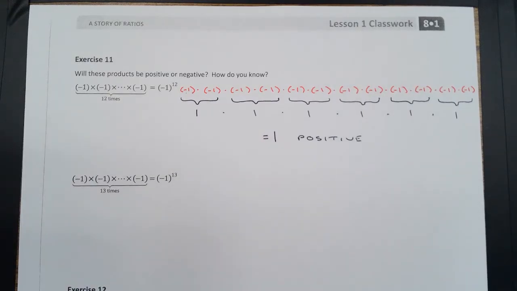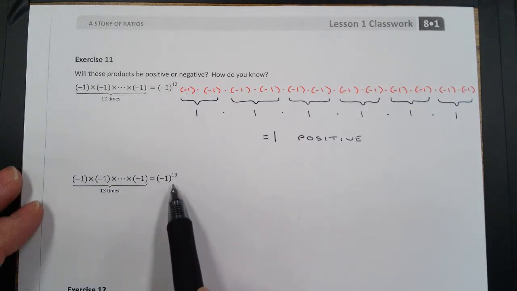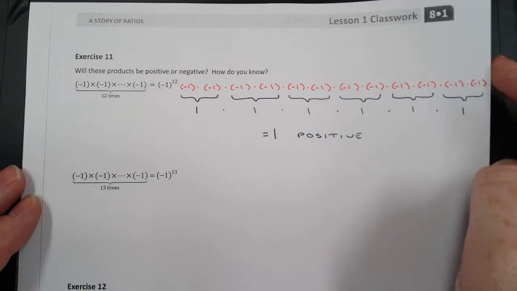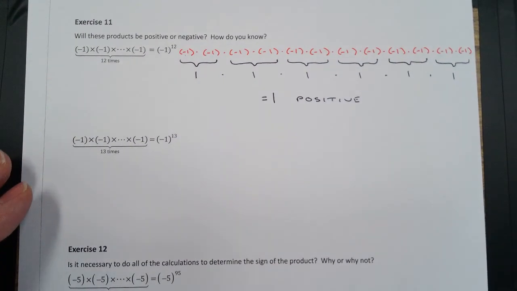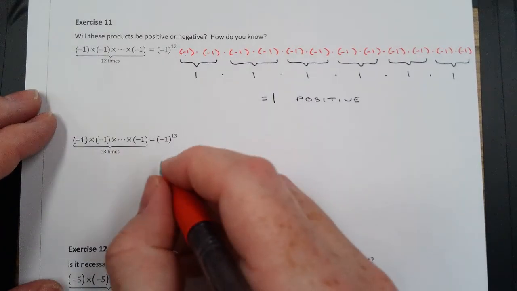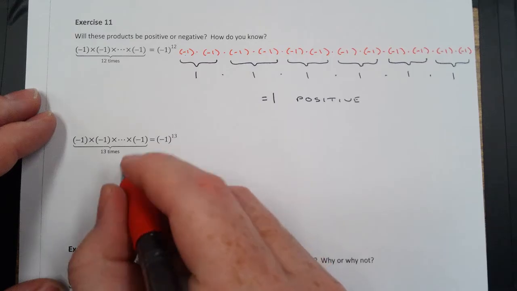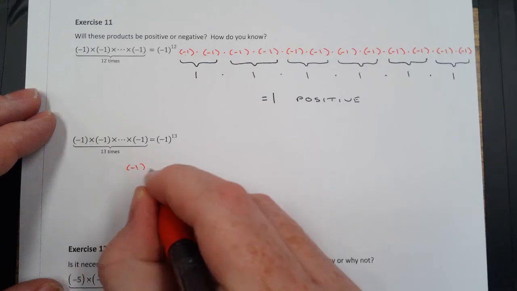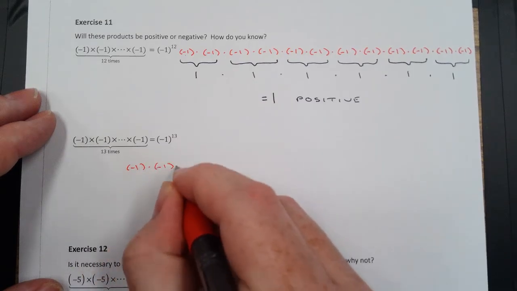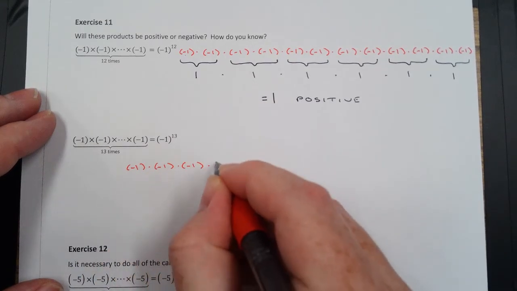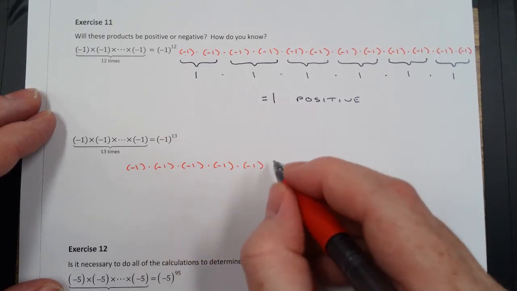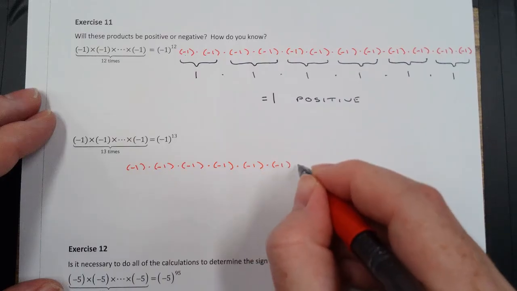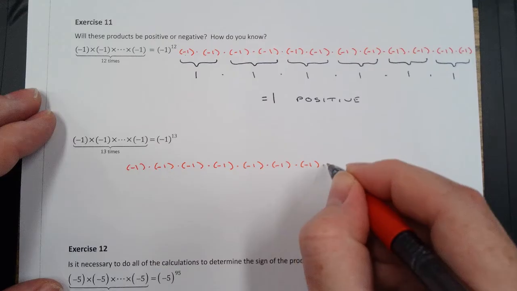So why do they think it might be negative? Well, look at this one that is almost exactly the same, except this time -1 is raised to the 13th power. Here I go again. This time I'm going to spread out a little bit, give myself more room. -1 times -1 times -1 times -1 times -1 times -1 times -1 times negative.